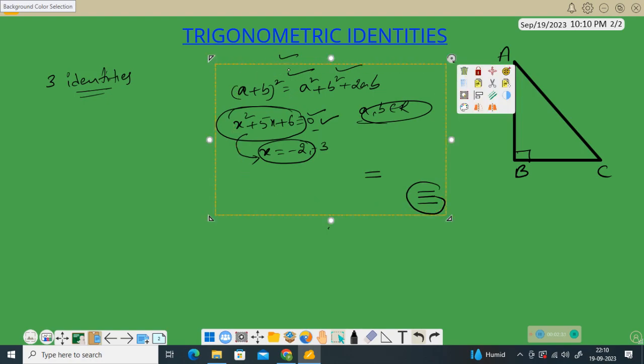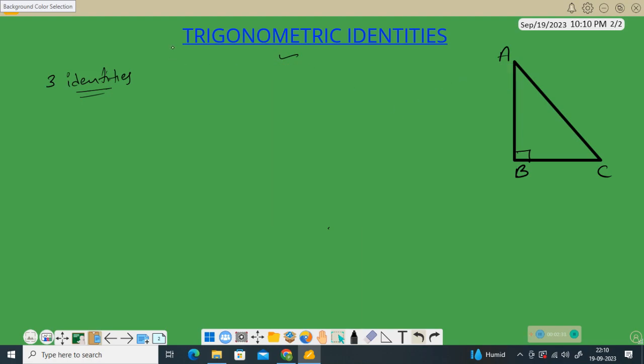For that we consider a right angle triangle, which I have already drawn here. This is the right angle triangle ABC in which angle B is equal to 90. For a right angle triangle we can apply the Pythagoras theorem: AB square plus BC square is equal to AC square.